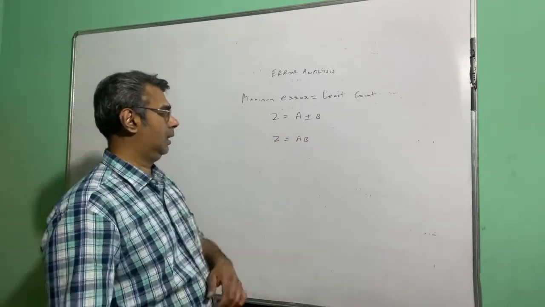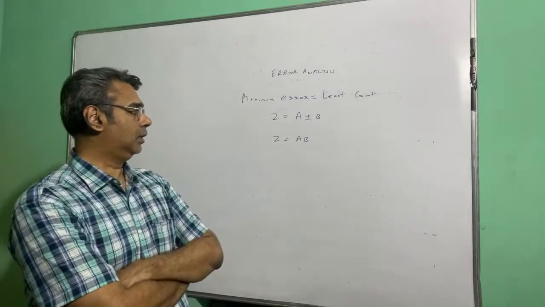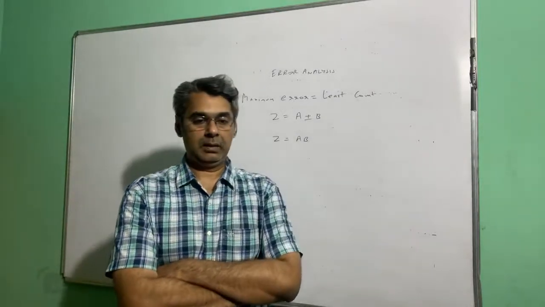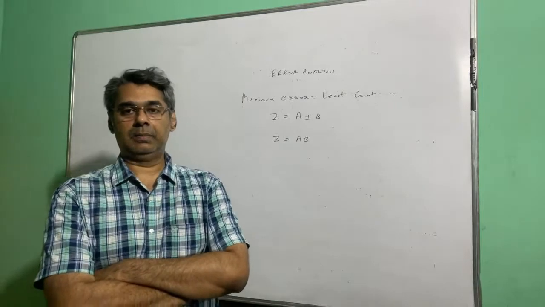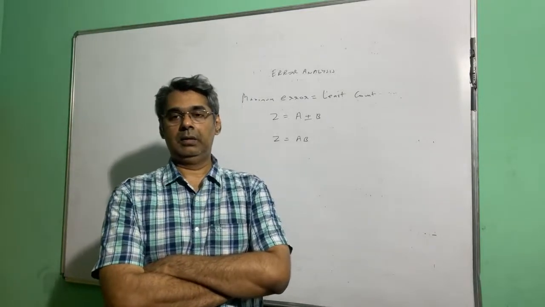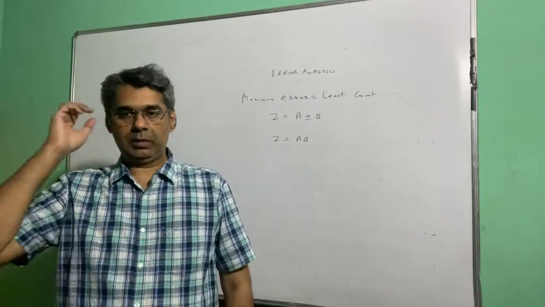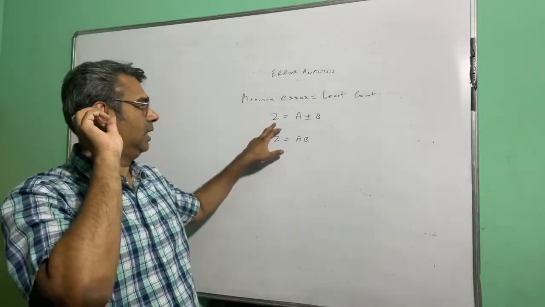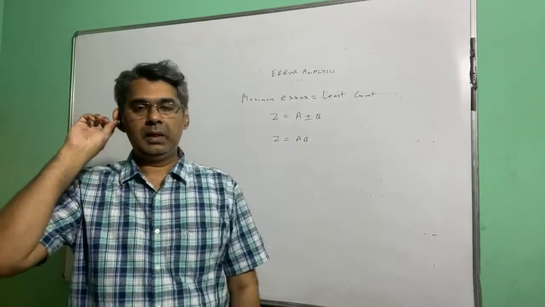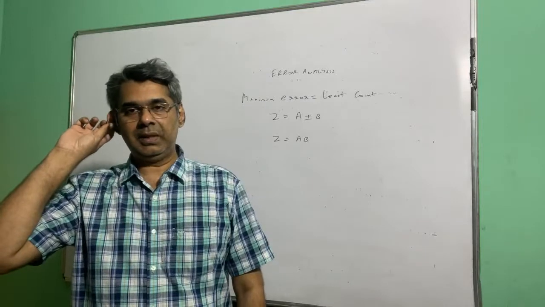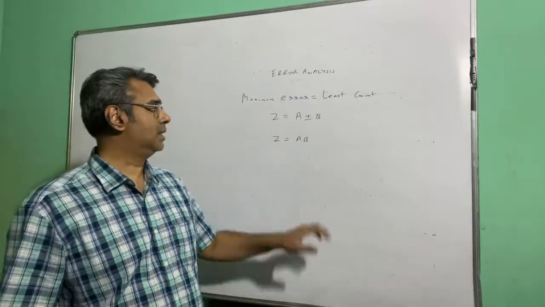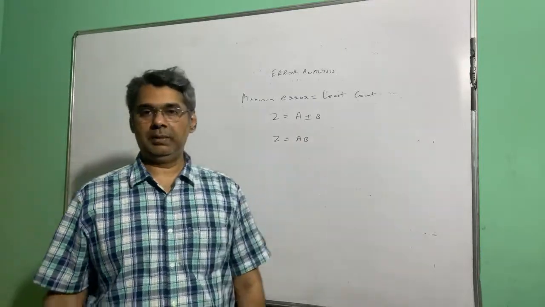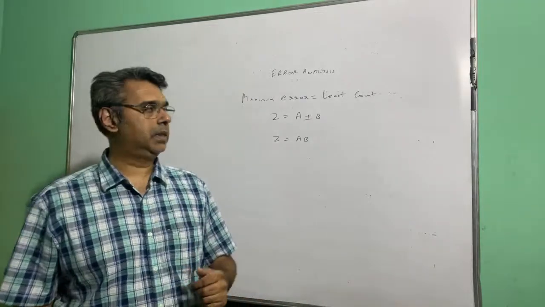now in error analysis, what we do is that we say that suppose there is a quantity which depends on some other quantities, like suppose Z depends on A and B. Now, how does Z depend on A and B? Suppose I say Z is either A plus B or A minus B, that is one possibility.